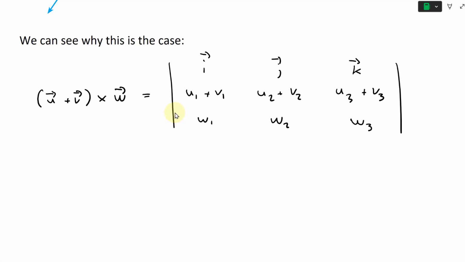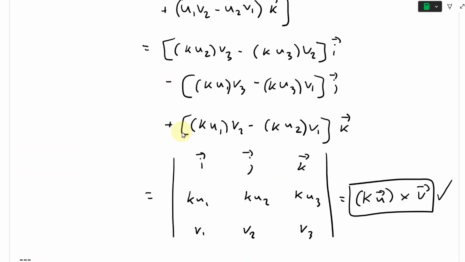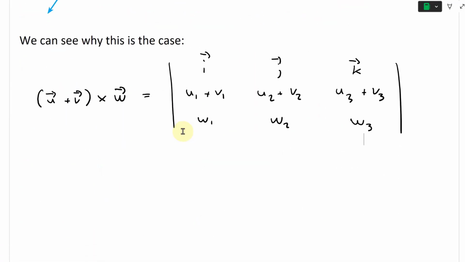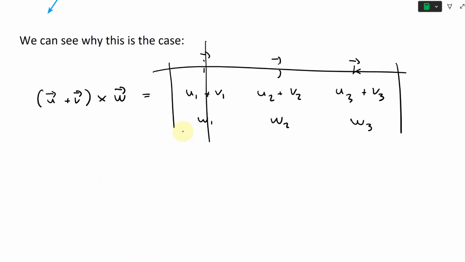Now, instead of evaluating like we did in the earlier example, you can see that this is the case, because with this setup we cross this out, and for the first i term, the x component, we multiply this by this, then put a minus sign and subtract u3 plus v3 times w2.